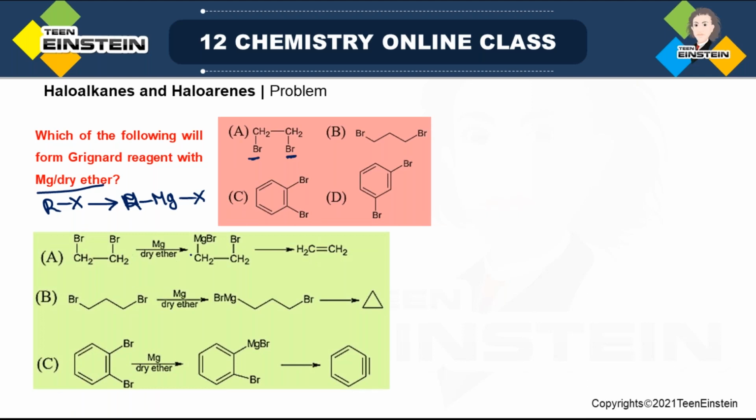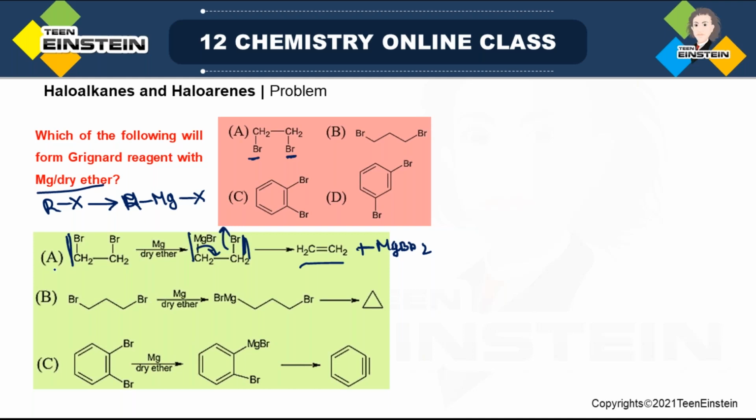For the first molecule, when one C-Br is already converted to C-MgBr, the other one is still C-Br. Under this condition, this type of elimination reaction occurs: the C-Mg bond is broken, a C=C double bond is formed, Br is removed. So here the byproduct will be MgBr2, which is stable. So this type of elimination is occurring just before the other C-Br is converted to C-MgBr.